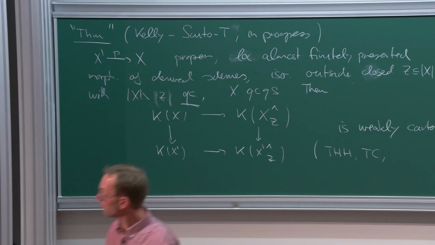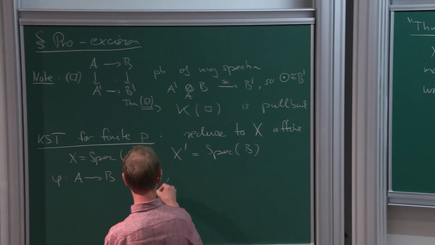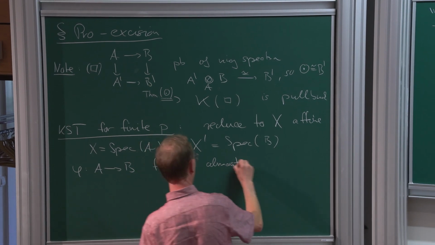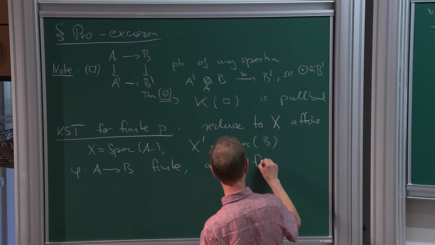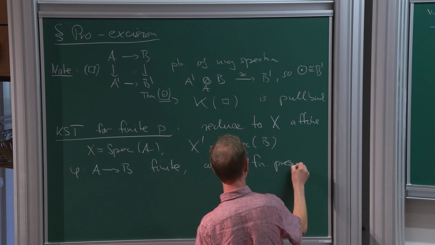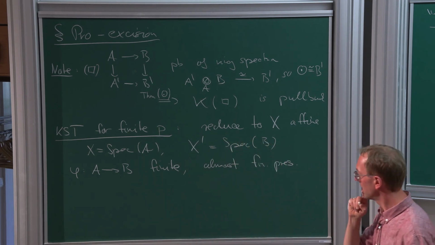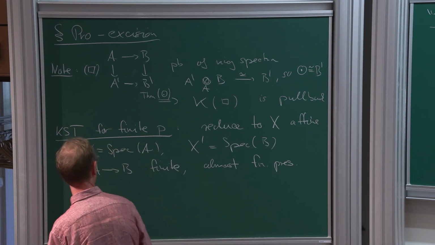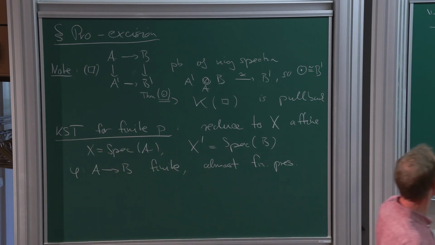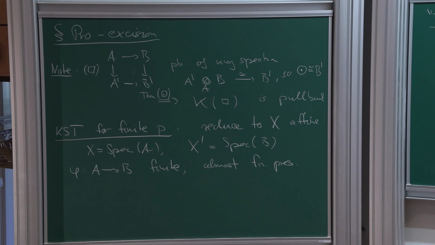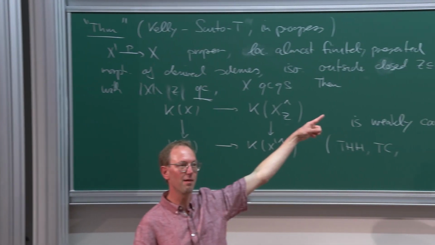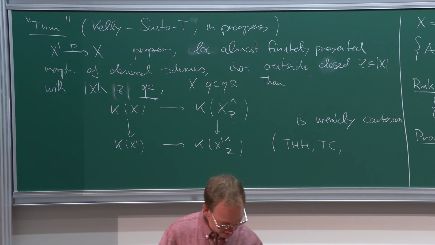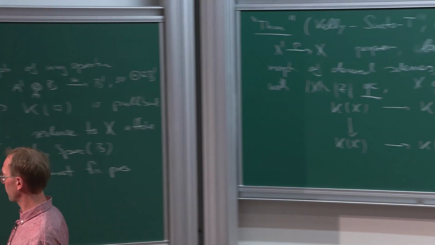So this is now finite, and it's almost of finite presentation by assumption. This closed subset is cut out by a finite number of elements, and for simplicity of notation, let us say it's cut out by one equation.